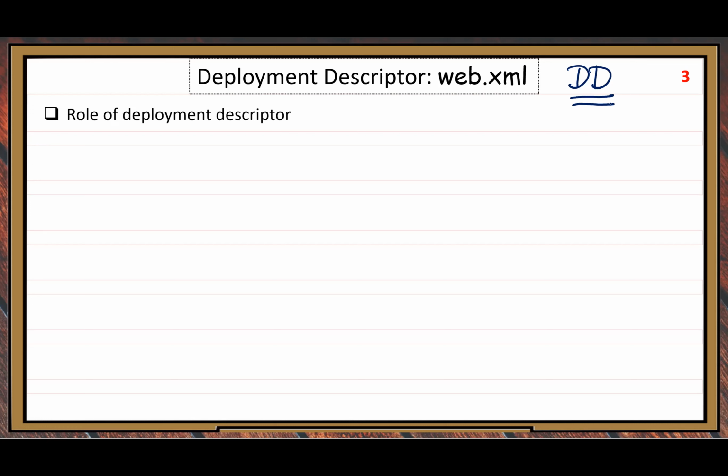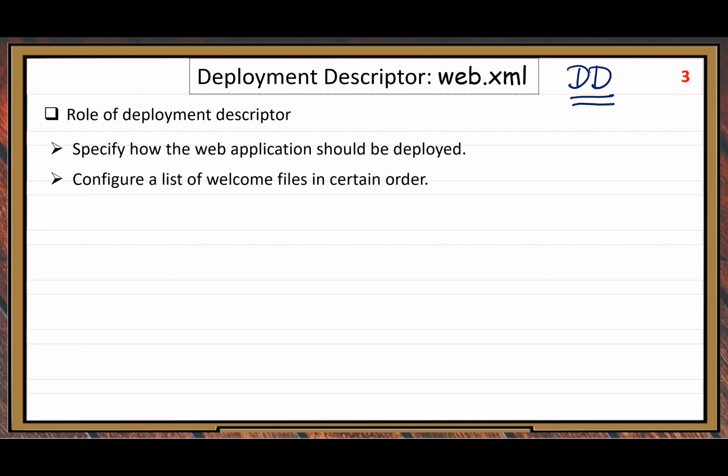The role of the deployment descriptor is to specify how the web application should be deployed. Usually we configure a list of welcome files in a certain order.